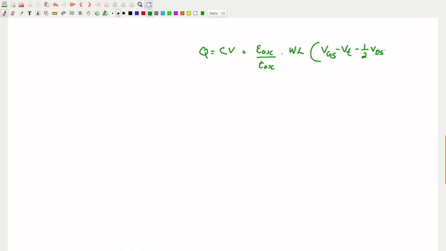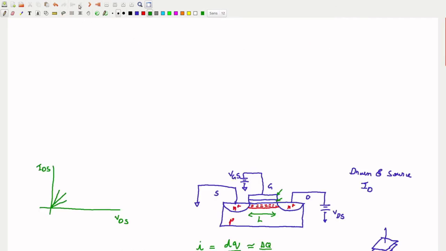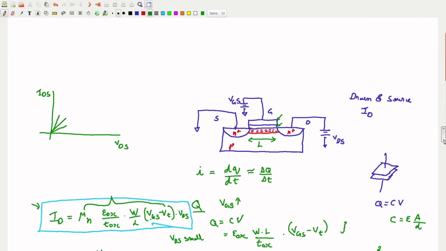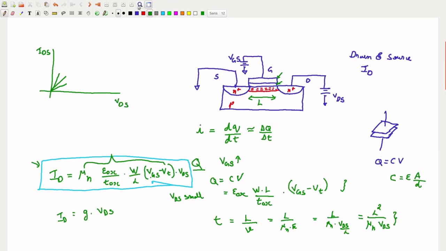Now, when VDS is increased, there is a factor of half of VDS affecting the charge. Why we take half is because we are just considering the middle of the channel at this point. What is the voltage due to the applied VDS?